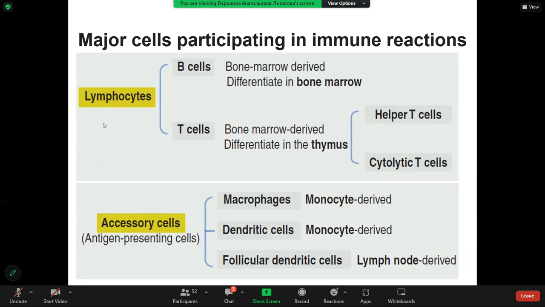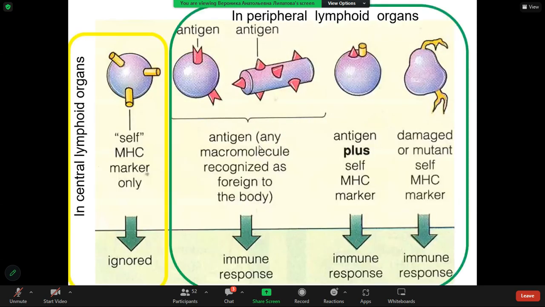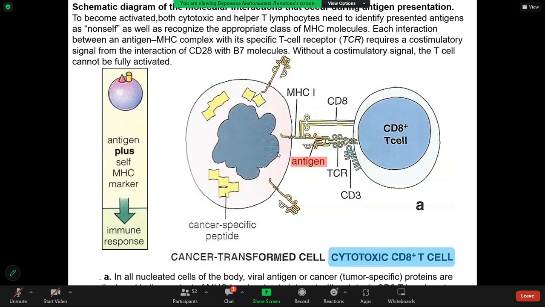These are immunocompetent cells, including B, T, and antigen-presenting cells. Now we describe this kind of immune response or immune reaction. This picture illustrates typical interrelations of antigen and CD8 cell. CD8 is a cytotoxic cell, and cytotoxic cells destroy cancer-specific malignant cells.